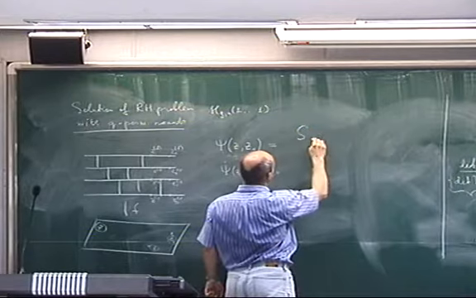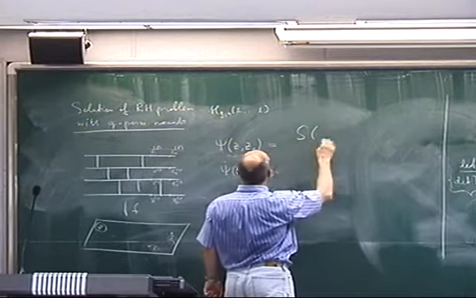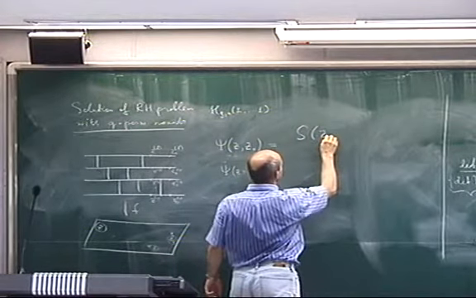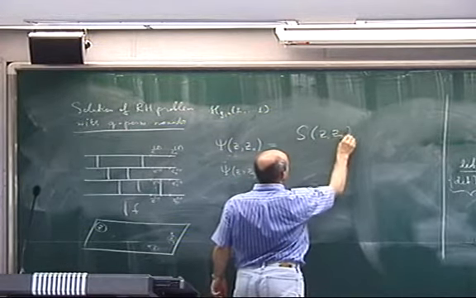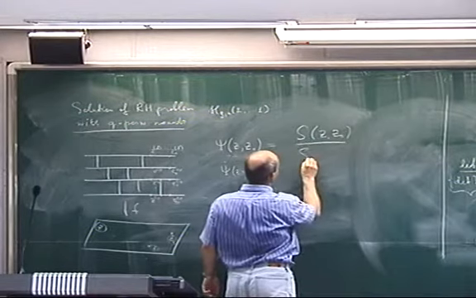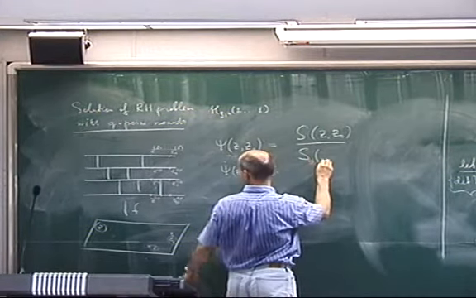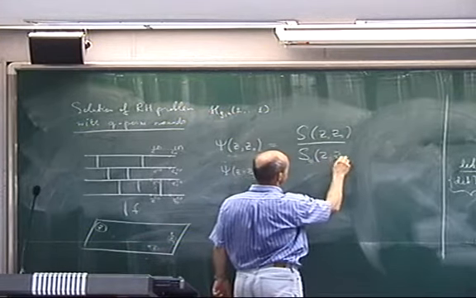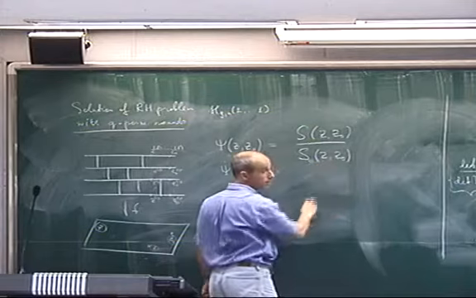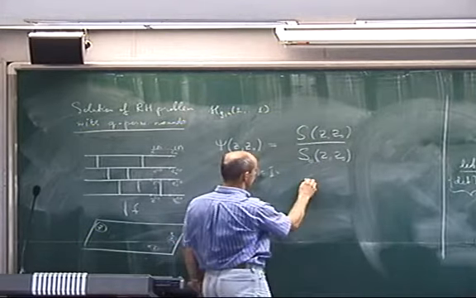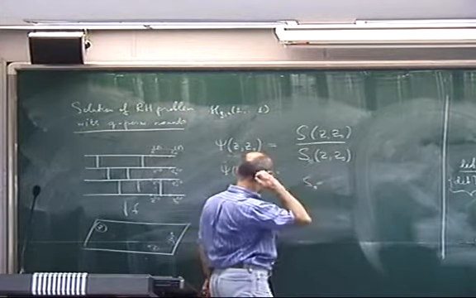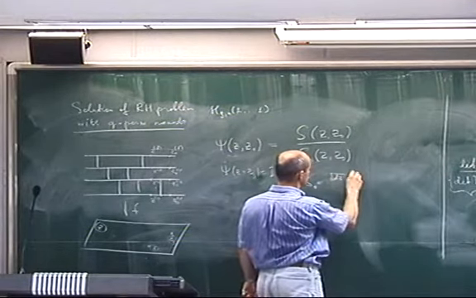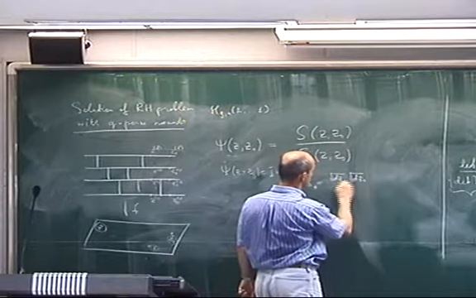I take some Szegő kernel on my Riemann surface between points z and z0 and divide by the Szegő kernel S0, which is the Szegő kernel on the base between z and z0. So what is S0 here? S0 is simple. S0 is just square root of dz times square root of dz0.